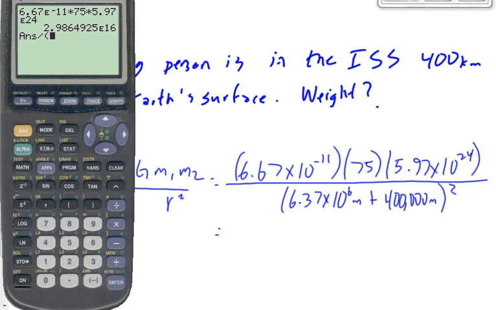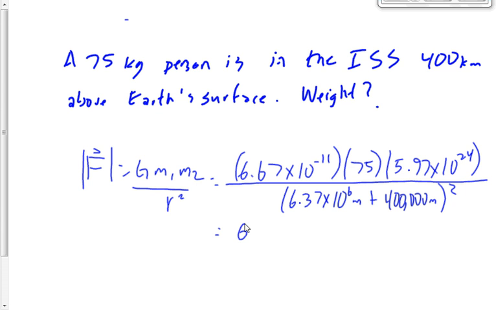We want that entire bottom number squared, not just the last number squared. So use some brackets. Let's say 6.37 times 10 to the 6 plus 400,000. Let's end those brackets, and then let's square everything inside those brackets. Should give us our answer. We get 651.6 newtons. That's going to be 6.5 times 10 to the 2 newtons. So that's the person's weight on the International Space Station.